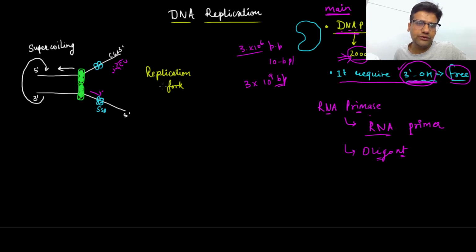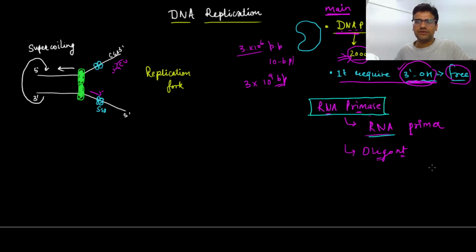So in order to fulfill the requirement of DNA polymerase 3, we have another recruitment, and this is RNA primase. RNA primase is an enzyme which synthesizes a primer over DNA, and this primer is an RNA primer. RNA primase binds at this part of the DNA and forms a short primer.